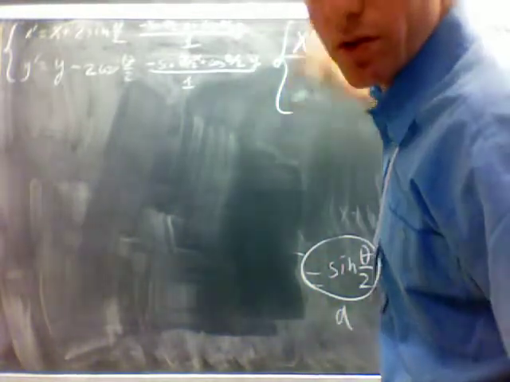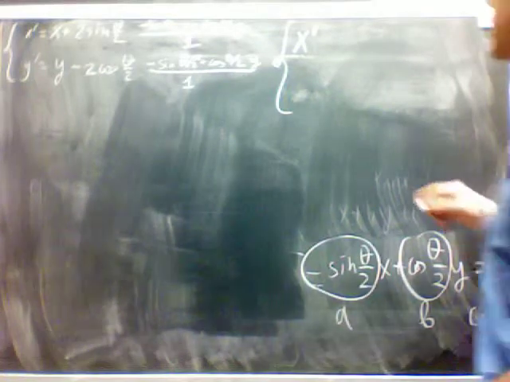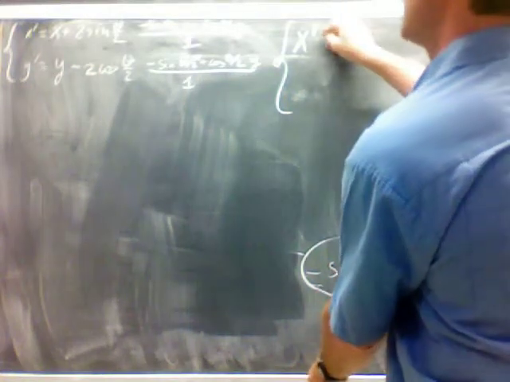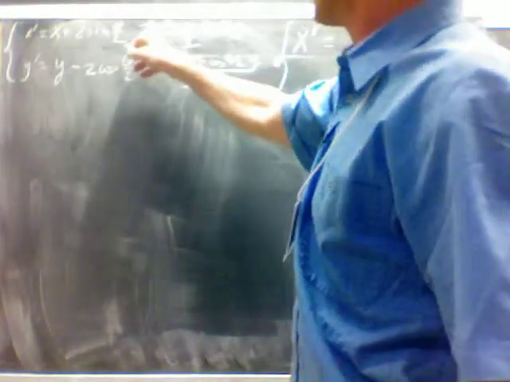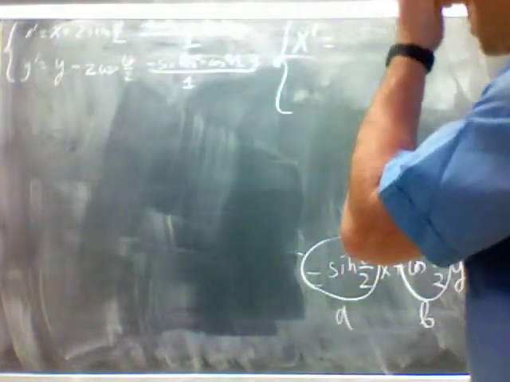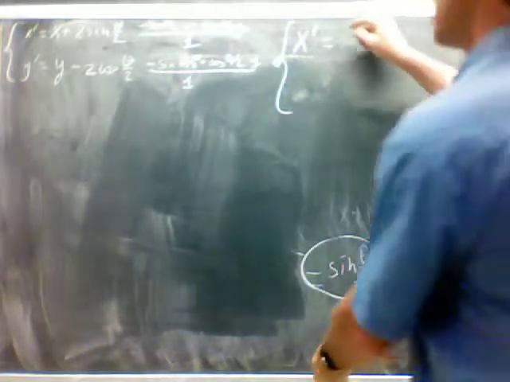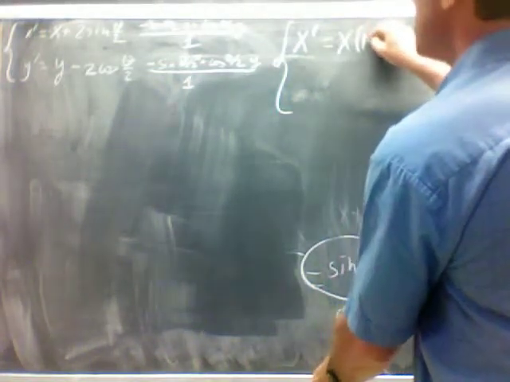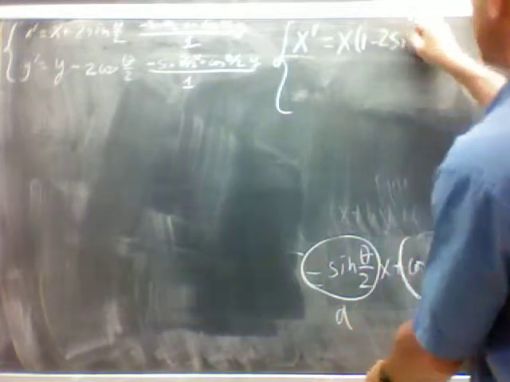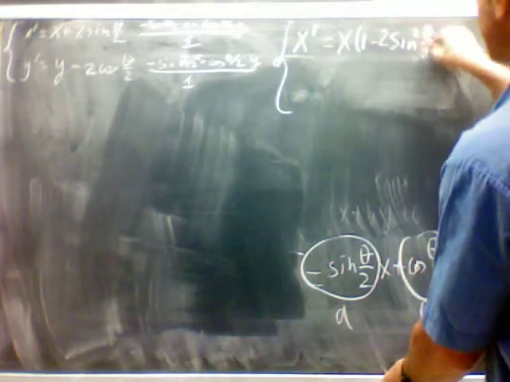X prime equals, so we have x times 1 minus 2 sine squared theta over 2.